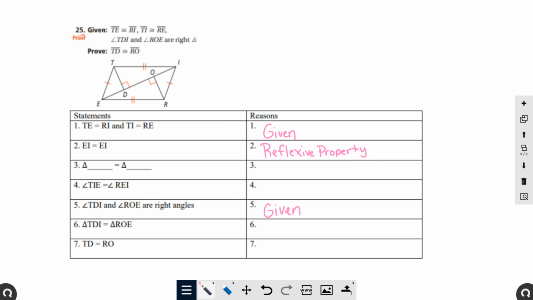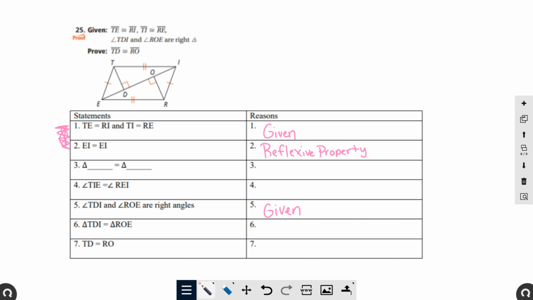And then from here, we're talking about triangles. Now, your proofs have to flow and go together. What's the only letters that I'm using in these 2 statements? The only letters I'm using are what? T, E, I, R, right? Are there any other letters?